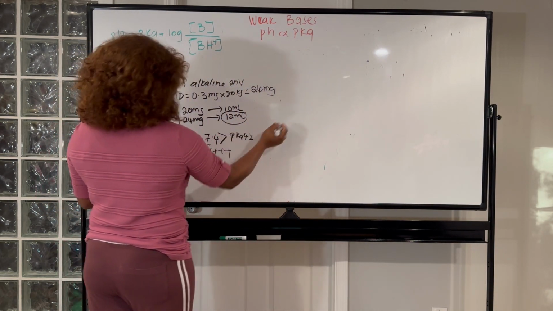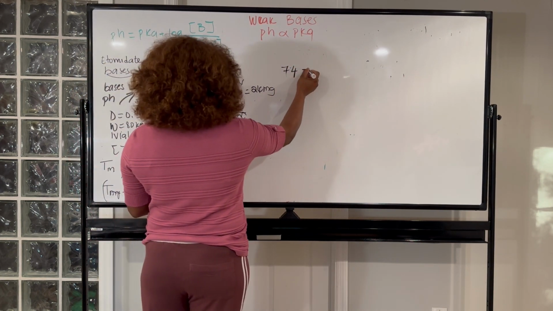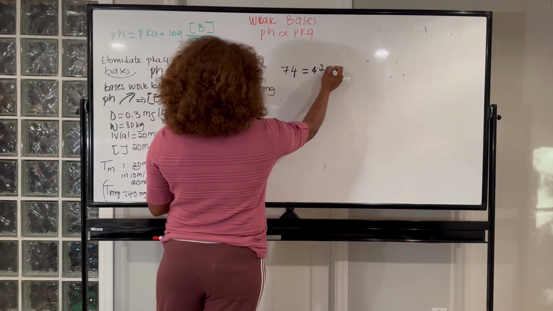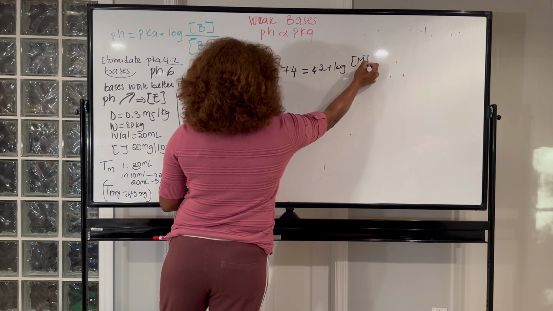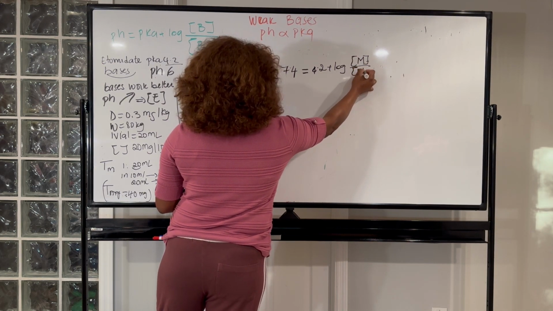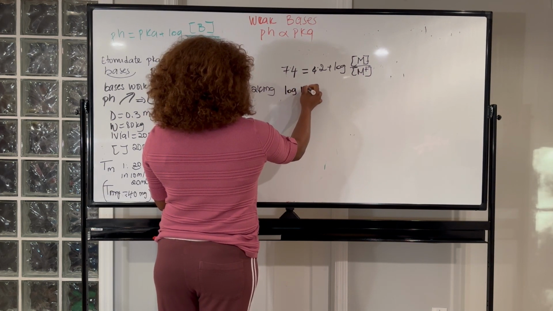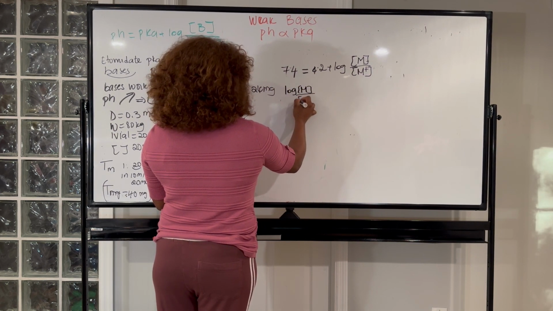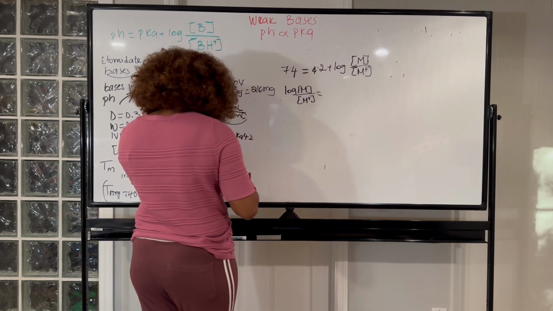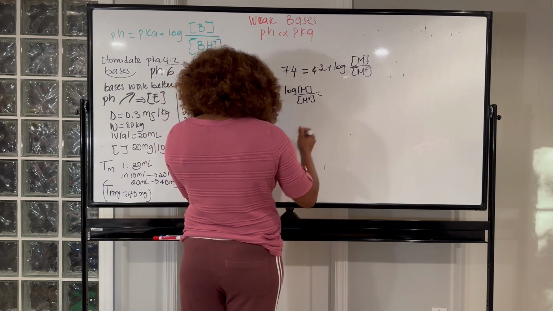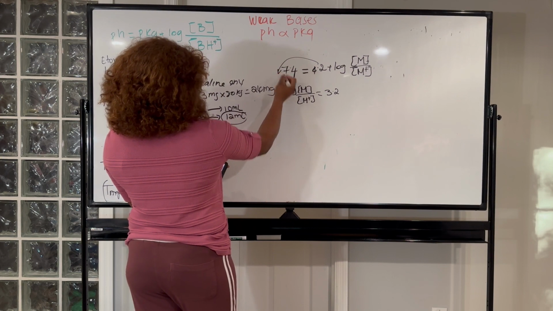So pH 7.4 equal the pKa 4.2 plus log of the non-ionized over the ionized. So log of the proportion equal 3.2. I'm just moving 4.2 right here.